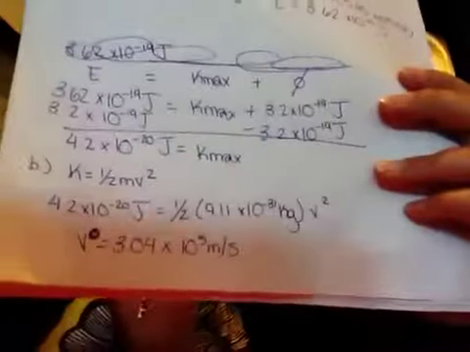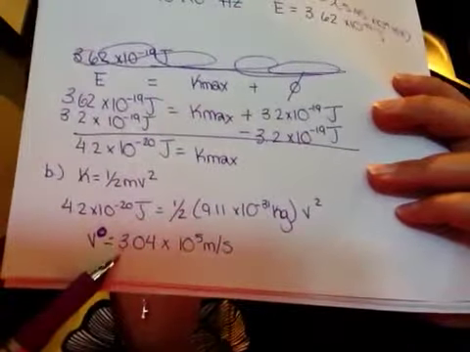To get V squared by itself, I'm going to have to divide that, and then square root. When you do all of the math, you should get your velocity to be equal to 3.04 times 10 to the 5th meters per second. So that's what I get for my velocity.